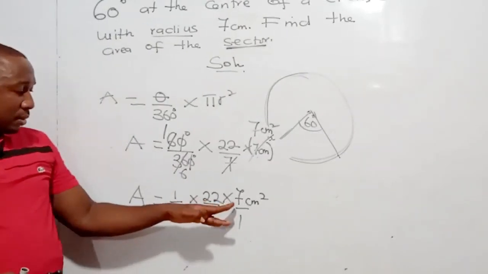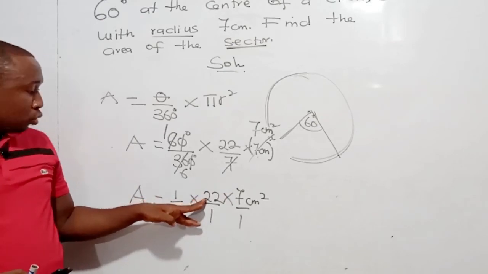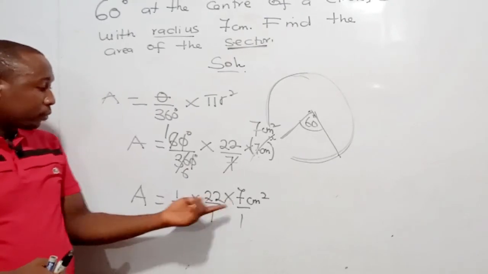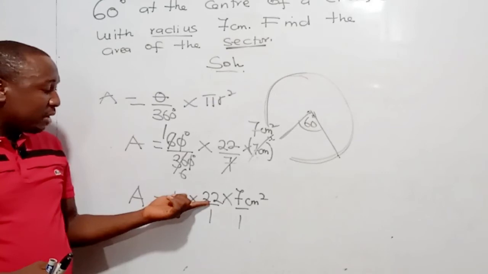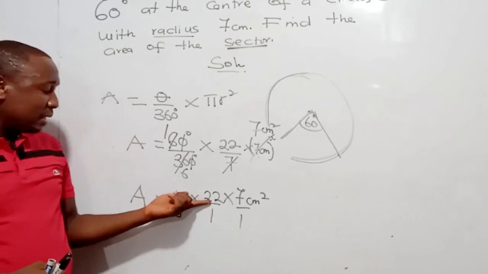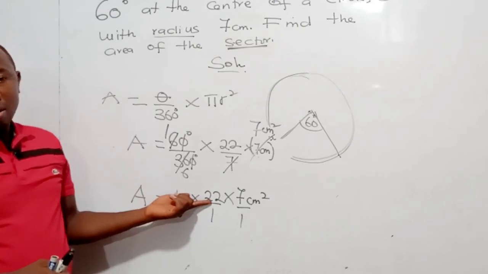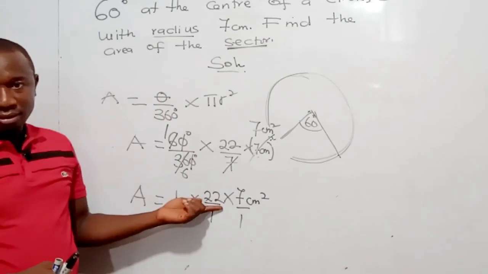We look at 7 times 22. By splitting it, it becomes easy. 7 times 20 will be 140, and then 7 times 2 will be 14.